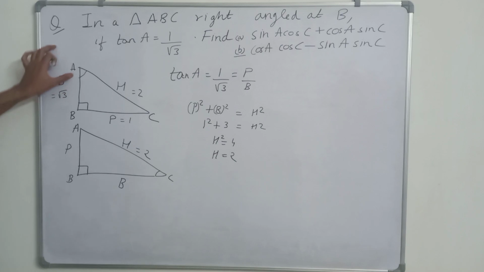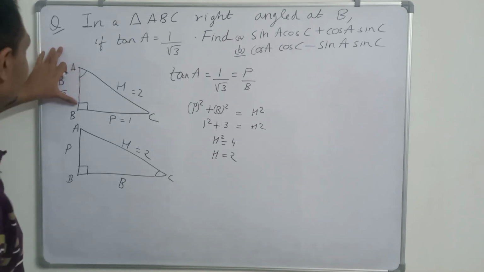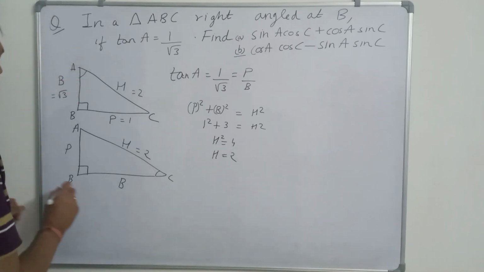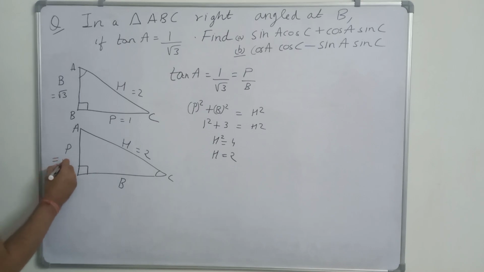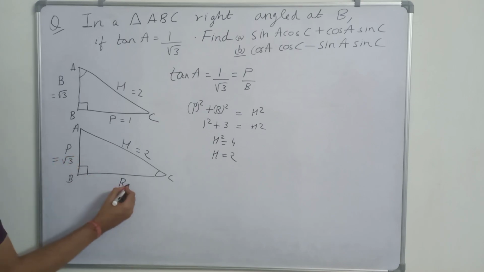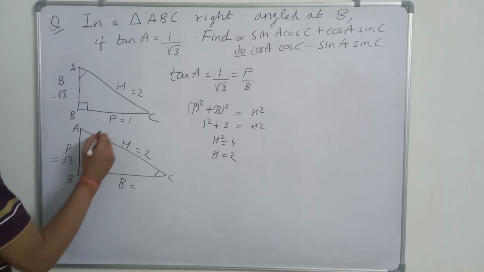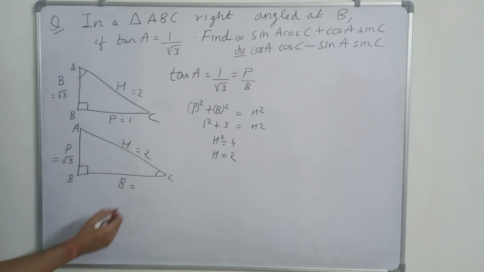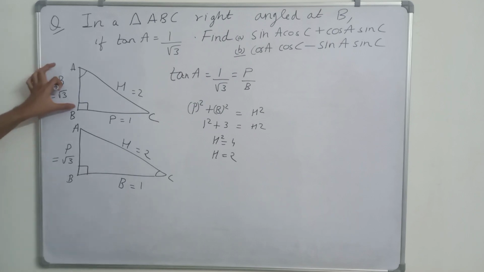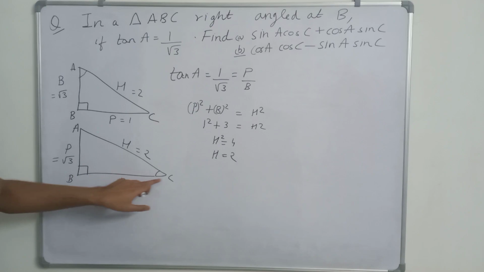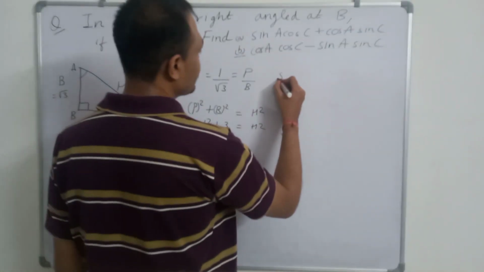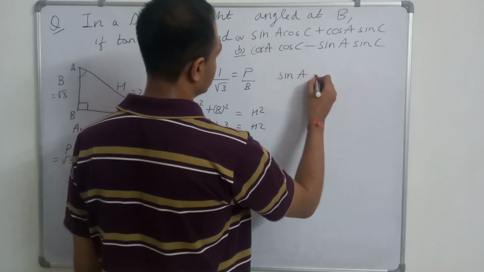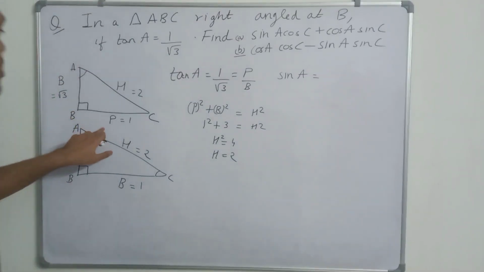So the length of AB is √3. So here the length of AB is √3. So perpendicular will be √3 and the length of line BC is 1. So here the length of base is 1 because BC is perpendicular for angle A and BC is base for angle C. So sin A will be equal to perpendicular upon hypotenuse.